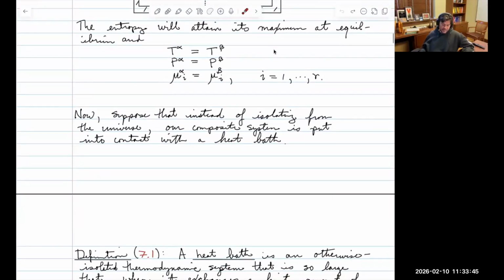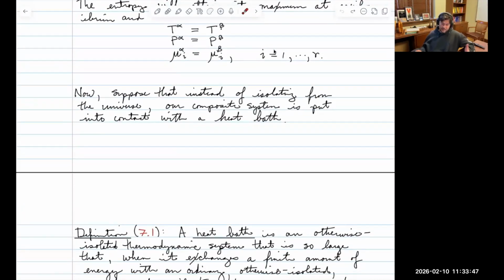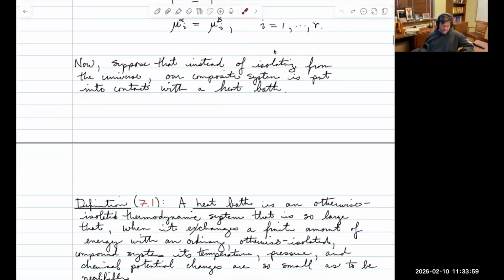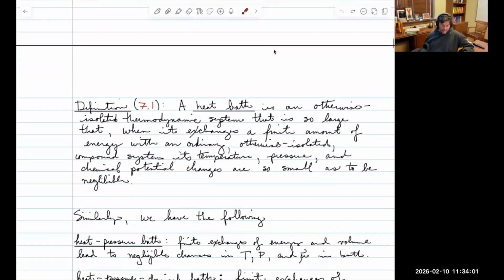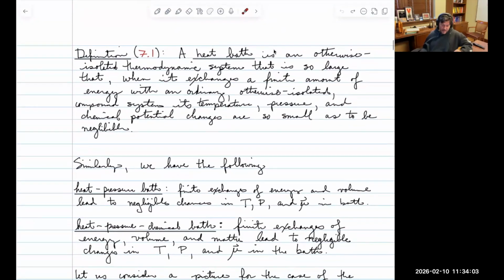Now, suppose that instead of isolating the system from the universe, our composite system is put into contact with a large reservoir of stuff called a heat bath. Okay, so I need to explain pretty clearly what a heat bath is, but just conceptually, it is something we're probably already quite familiar with.